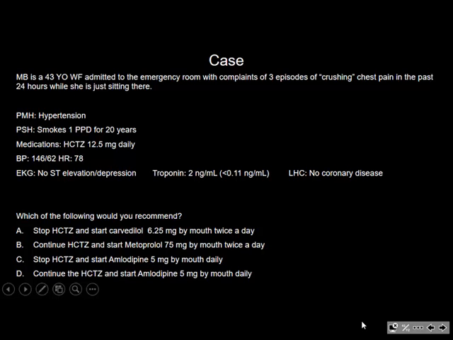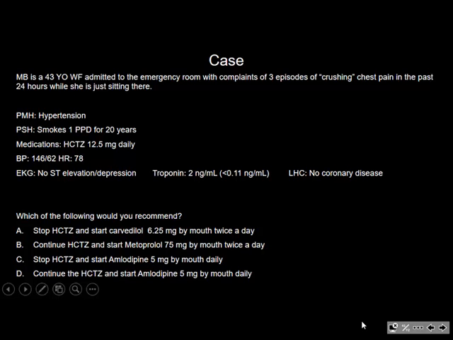Or it wouldn't be wrong to continue the hydrochlorothiazide, start the amlodipine 5 milligrams, and then see how her symptoms are. And that may be okay to get you at a blood pressure where you want it and you're able to control her symptoms. So C or D would probably be acceptable answers with the thought that you follow up on the patient to see how she's doing.